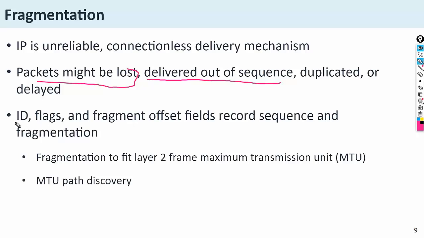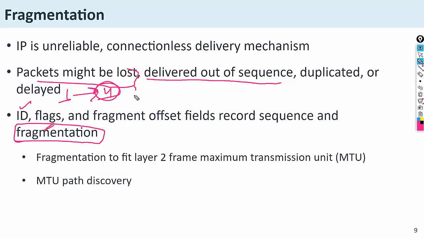Each fragment has some information inside it, like an ID, because if a packet is divided into 4 parts, every fragment must be identified.